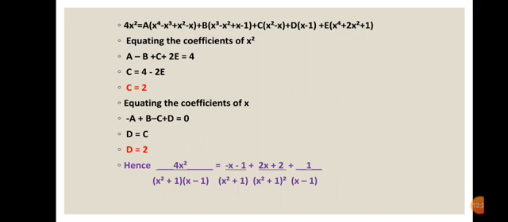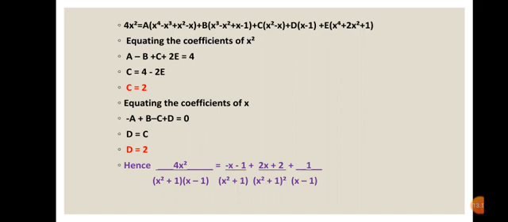So ax plus b will be equal to minus x minus 1 over x square plus 1, and cx plus d will be 2x plus 2 divided by x square plus 1 whole square, because the value of c is equal to 2 and the value of d is also equal to 2. And last but not the least, the value of e is 1, so the last factor is 1 over x minus 1.